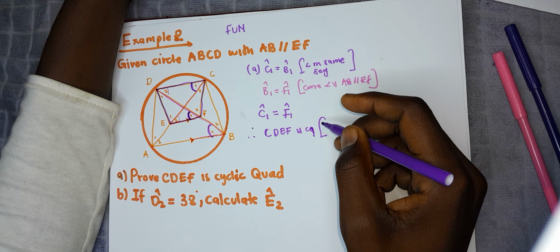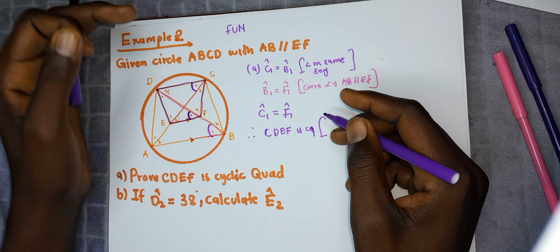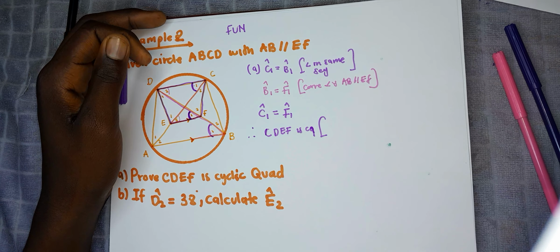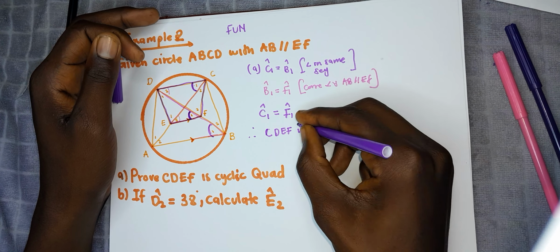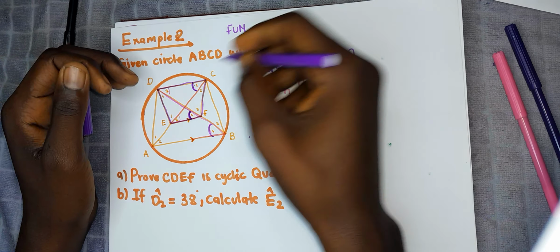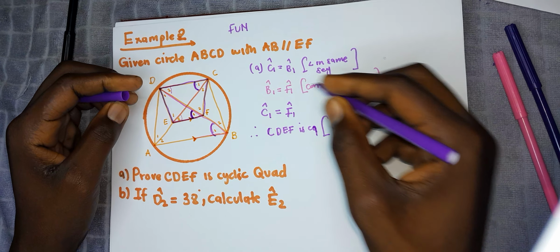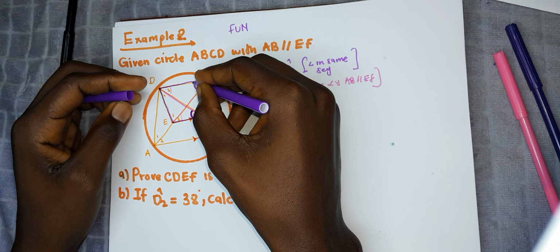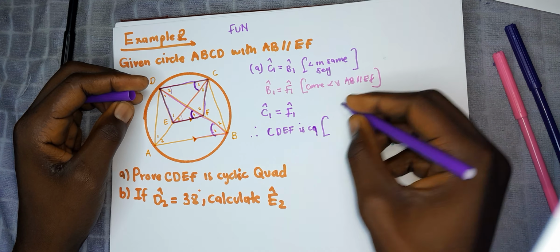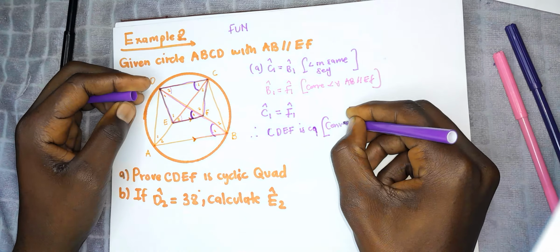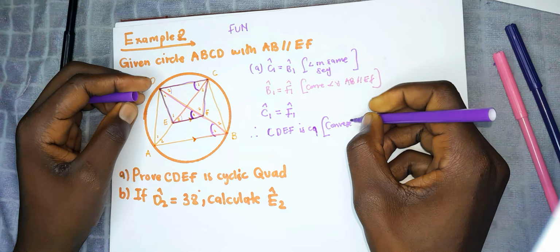The reason for this one, guys, is simple. It's because, remember, our converse of theorem 4: if this particular line subtends equal angles, then we can conclude that this is a cyclic quadrilateral, a concyclic.